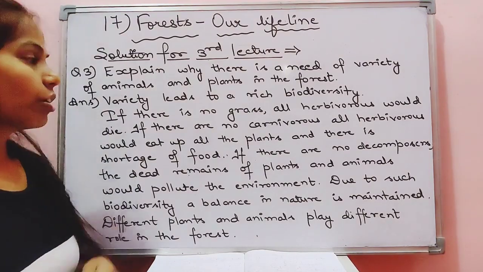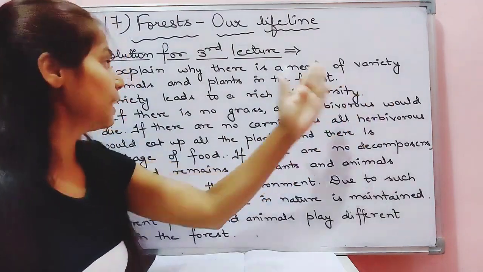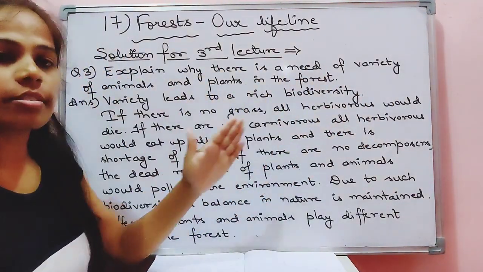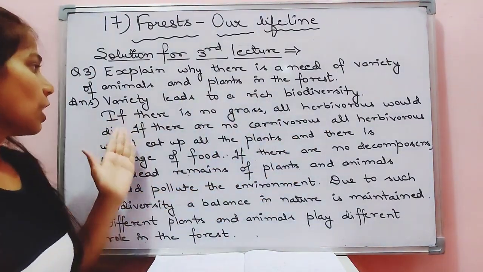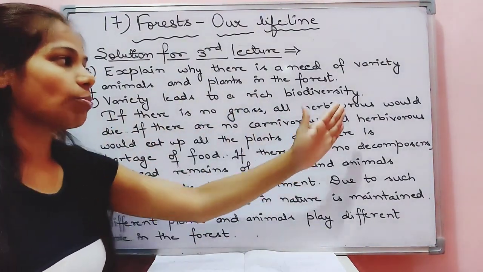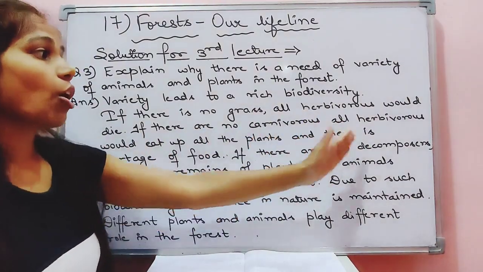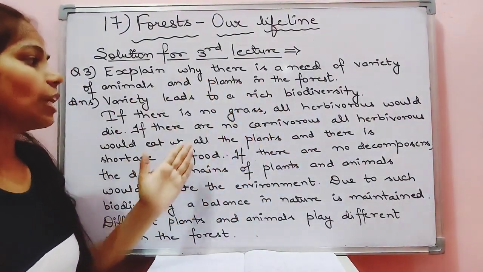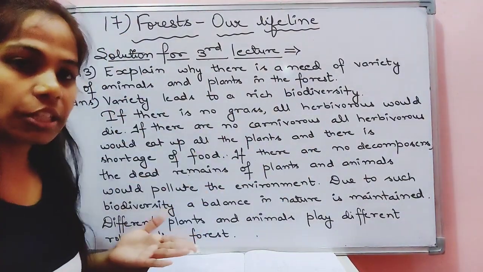Okay, children. The next question is, explain why there is a need for a variety of animals and plants in the forest. Variety leads to a rich biodiversity. If there is no grass, all herbivores would die, and if there is no carnivore, all herbivores would eat up all the plants, and there is a shortage of food. So there is an ultimate chain.